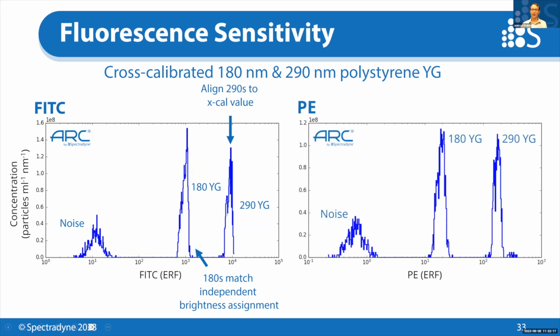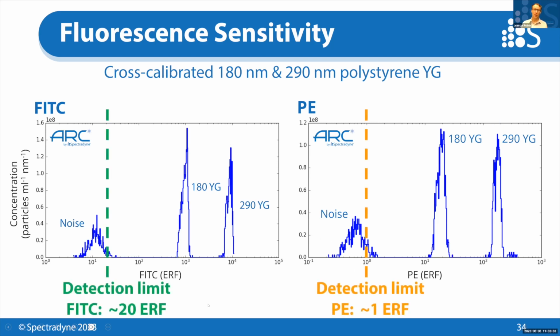We can do the same thing in the PE channel. We align the 290s with the assigned value, and we confirm that the 180s match the independently assigned brightness. Now we're set up to look at where the noise floor is for both channels. The noise starts kicking up around 20 molecules of Phe, which means we should be able to detect a particle as bright as 20 free-floating molecules of Phe in solution.